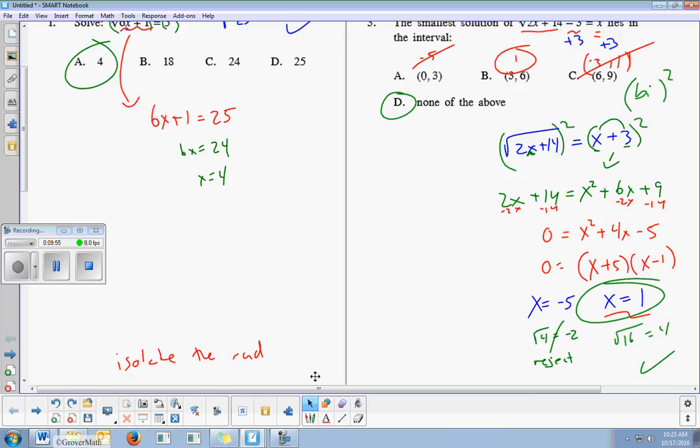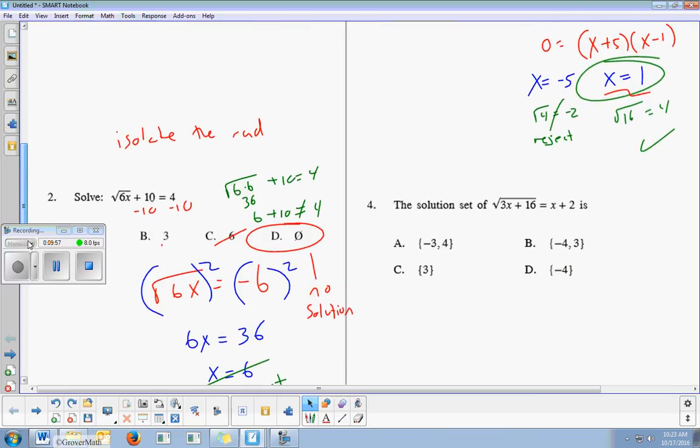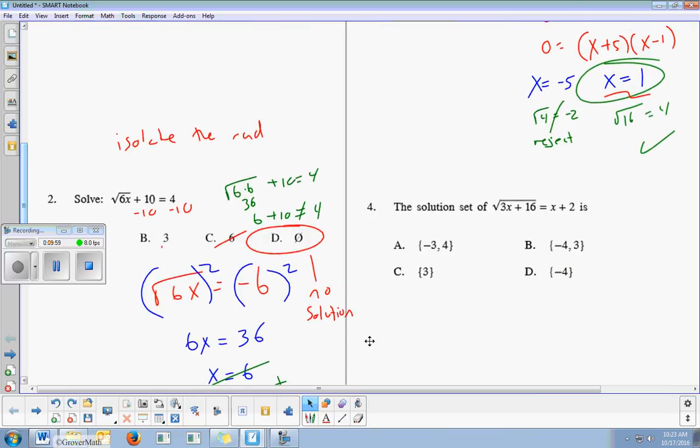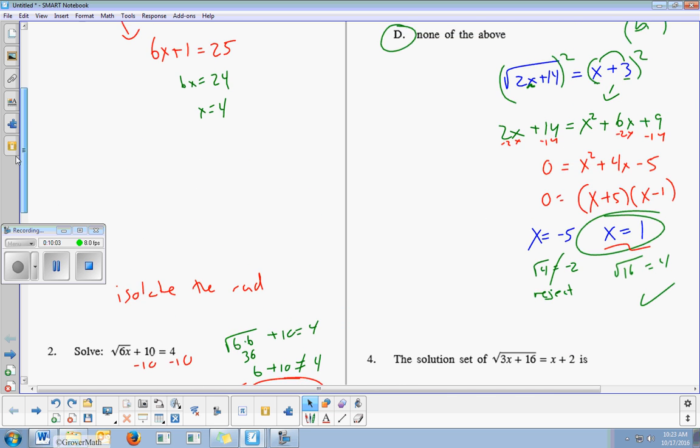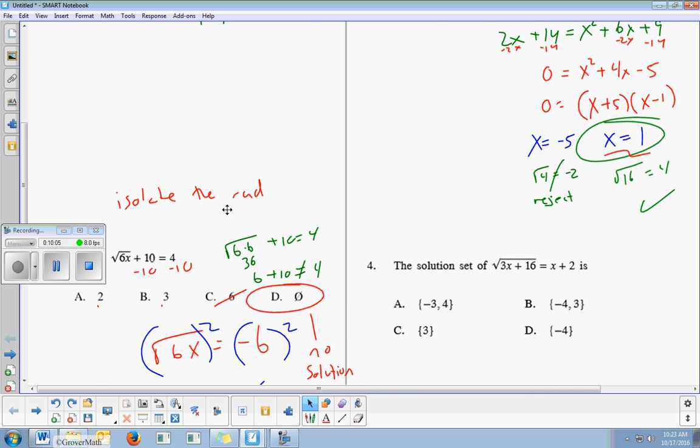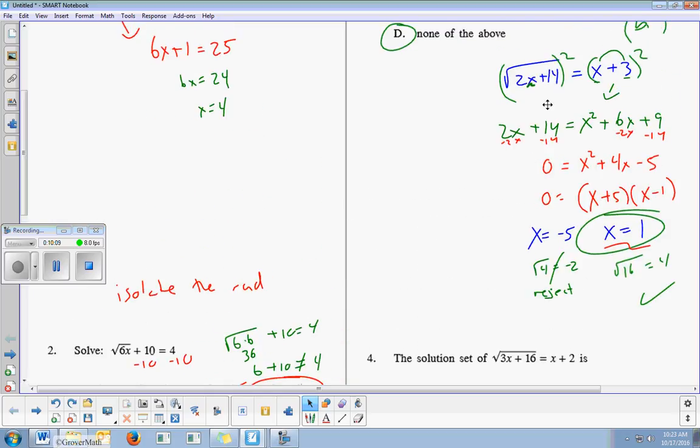All right, there's another example here, very similar to that, but I think you get the point here. We're going to practice this a lot in class. So isolate the radical, square both sides, and when you square both sides, you just end up with the thing that was in the radical, but squaring the right side is going to require you to square a number or square a binomial.